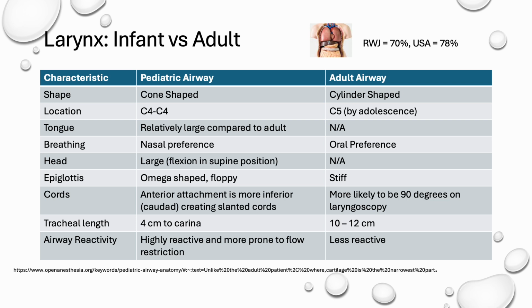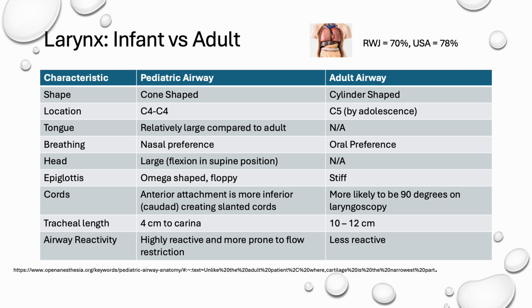So, in general, I have some characteristics listed here to the left, and we can compare the pediatric and adult airways. In general, the shape of the airway in children is more cone-shaped, while the adult airway is more cylinder-shaped. The pediatric airway is located a bit more cephalad than the adult airway.